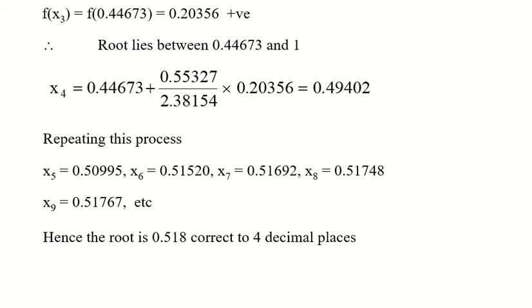It is enough. When you go on calculating, you will get here x8 0.517 and here 0.518 if you round it off to 3 decimal places. So you can observe they are almost equal. So you can write the answer as 0.518, correct to 3 decimal places.